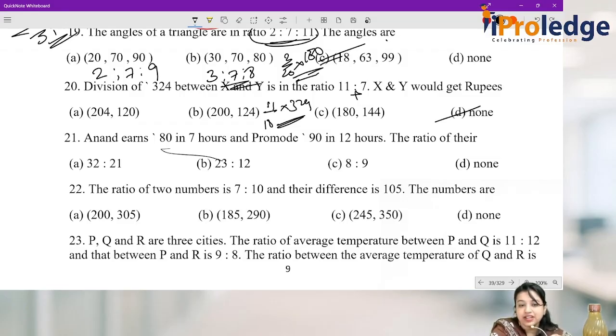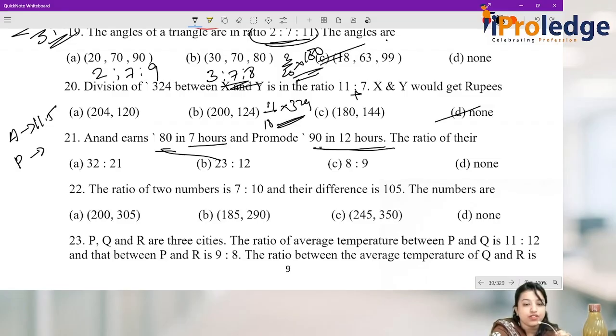If 80 is for 7 hours and 90 is for 12 hours, what is it for 1 hour? It is 11.5.